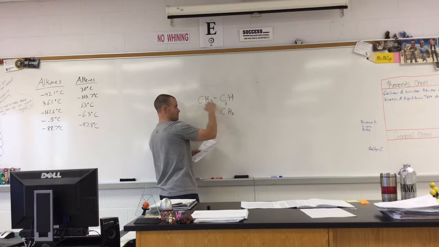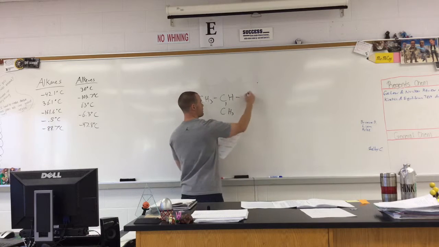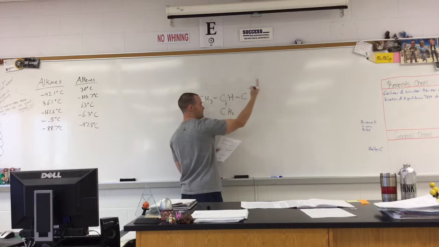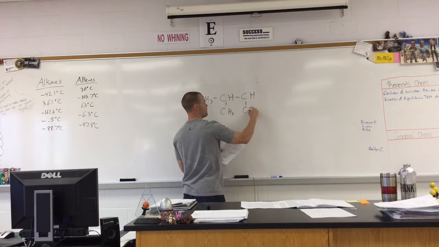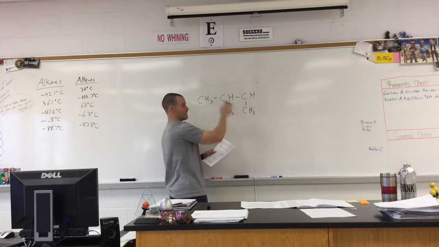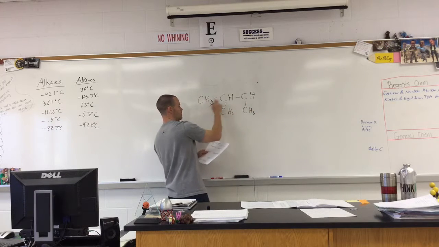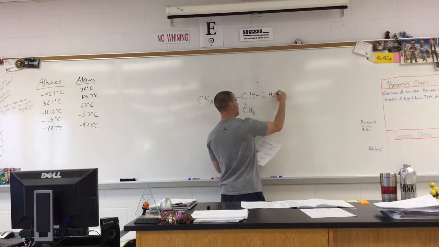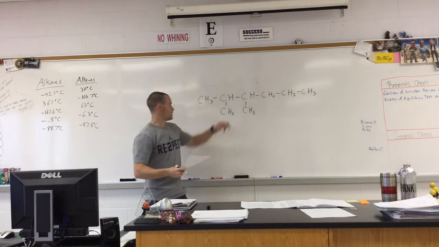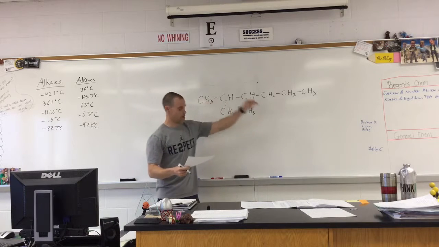There's my 2 methyl, so 1, 2, 3. So another CH, and you can put this methyl down or up, doesn't matter. I'll put it down. So there's 2 methyl, 3 methyl, and then hexane would be the long chain, right? 1, 2, 3, 4, 5, 6. So there's 2,3-dimethylhexane.